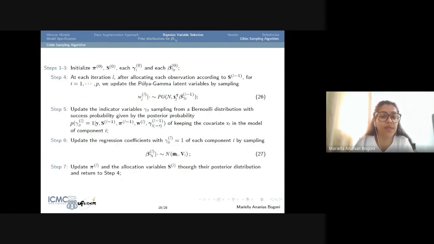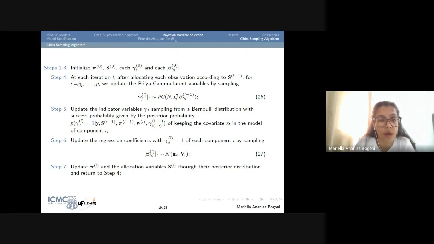So once we have specified all the distributions for the parameters, here we have our Gibbs sampling algorithm to estimate the model, and steps 1 to 3 are to initialize the parameters through their prior distribution.